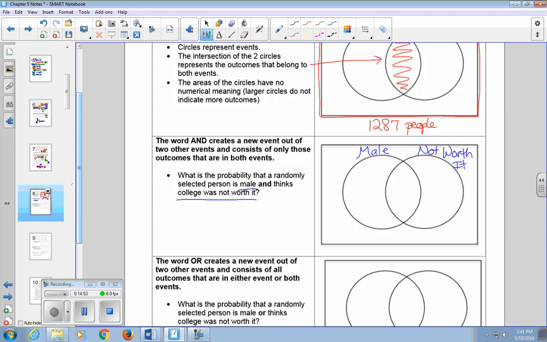Remember that the entire sample space includes 1,287 people. And means we're looking at the intersection between them. So remember that there were 57 people included in that intersection. So we have a total of 57, and 57 out of 1,287 gives us the probability.